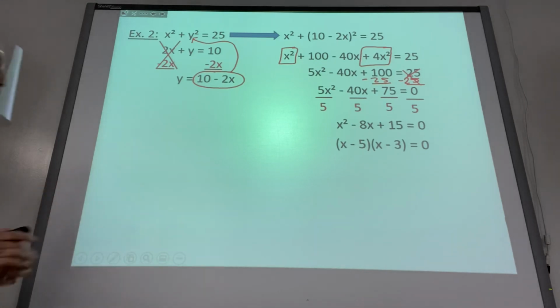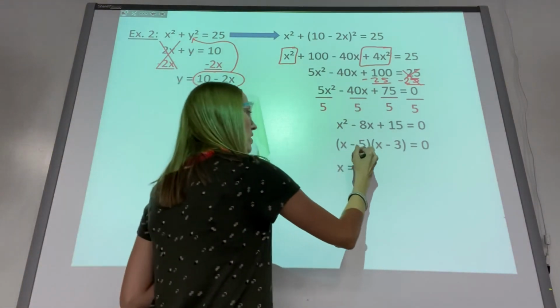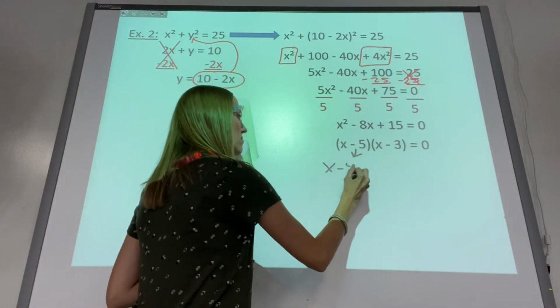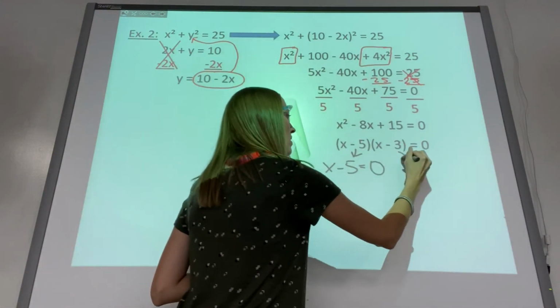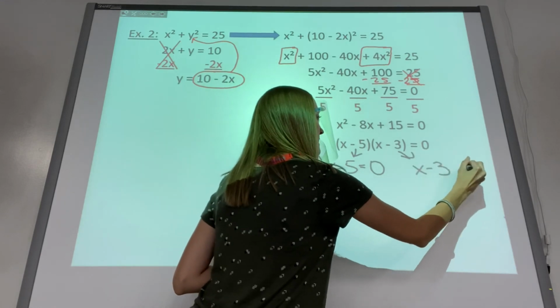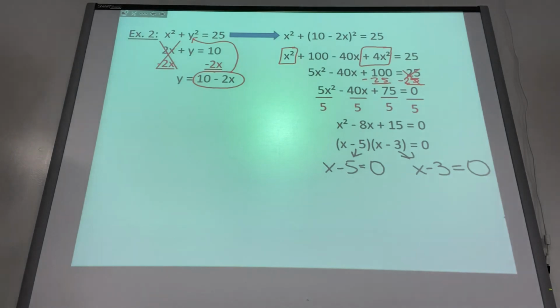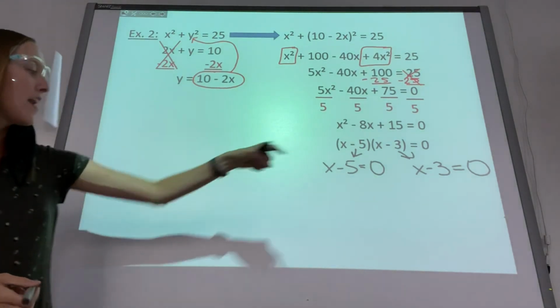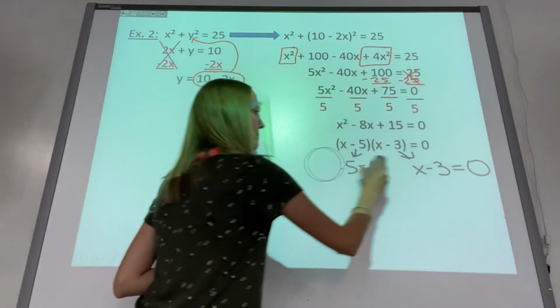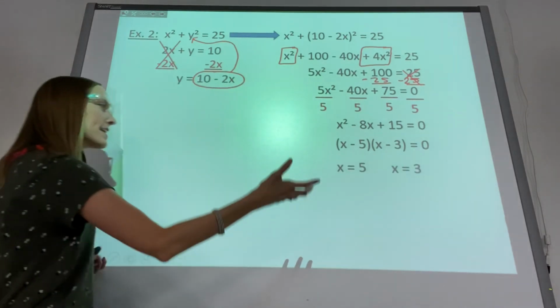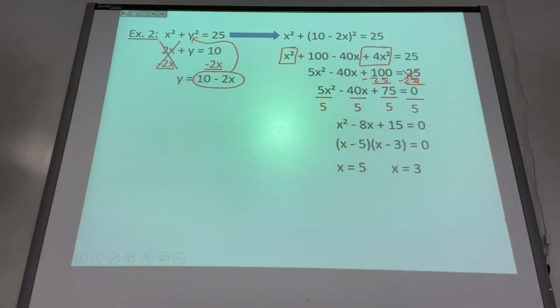Okay, if we break both of those apart, and I'll show this step, but I'm hoping we remember this. If we break those apart and then solve for x, add 5, add 3, and voila, x equals 5, x equals 3.